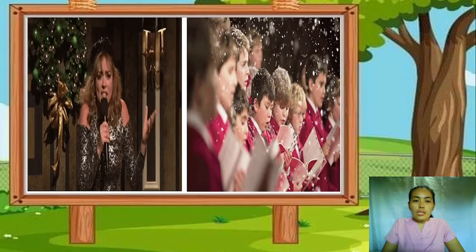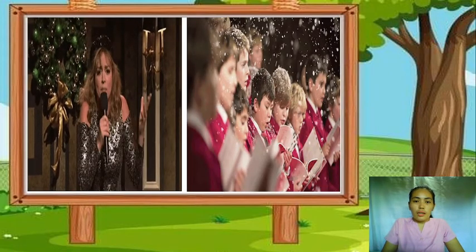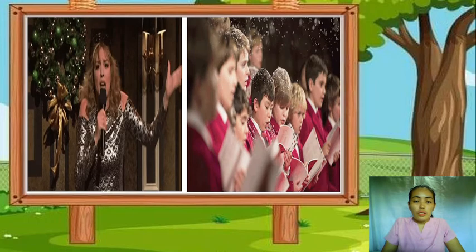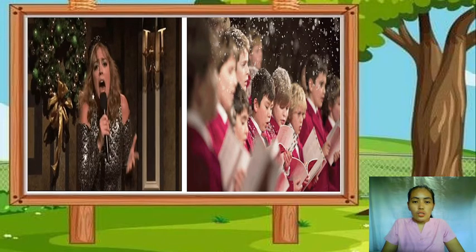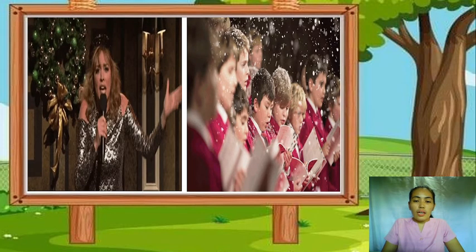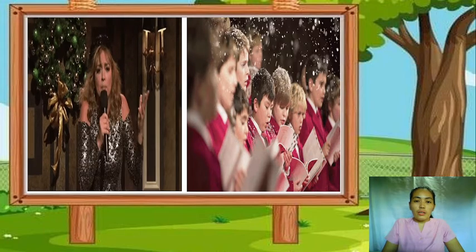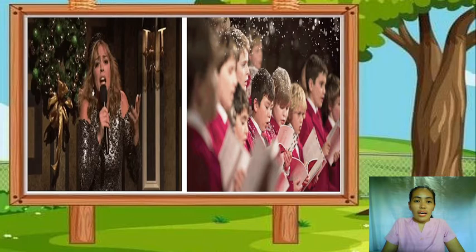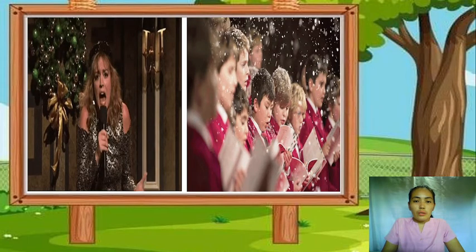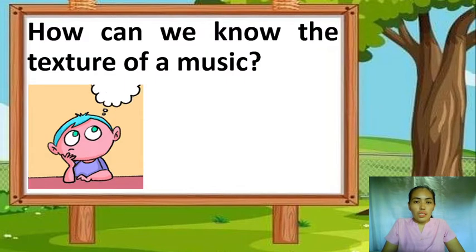Here are pictures. What can you say about the first picture? Very good. A woman is singing. How about the second picture? There's a choir. Do you have any idea how we can know the texture of a music?